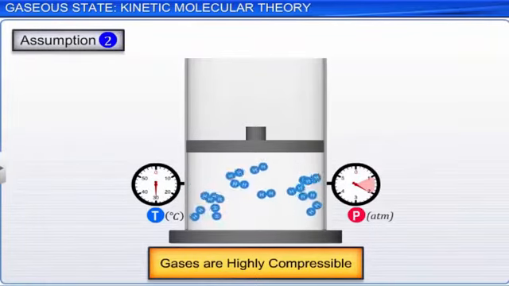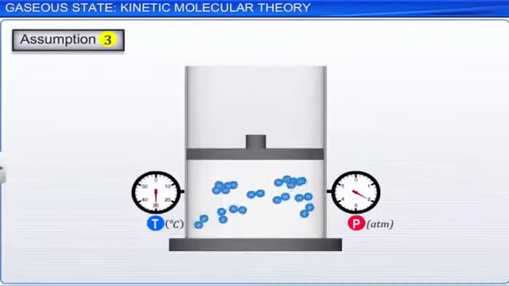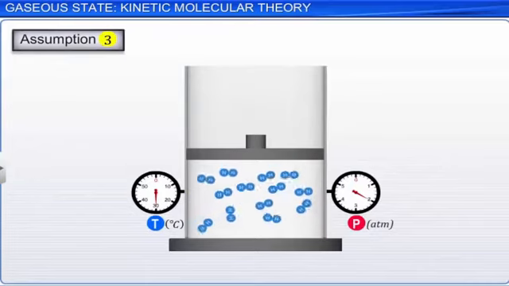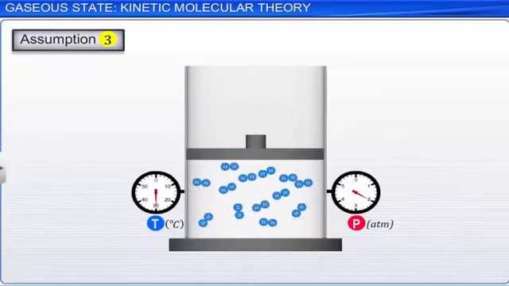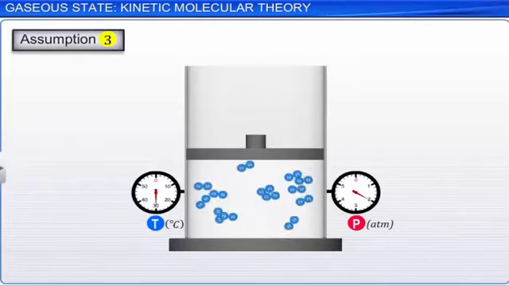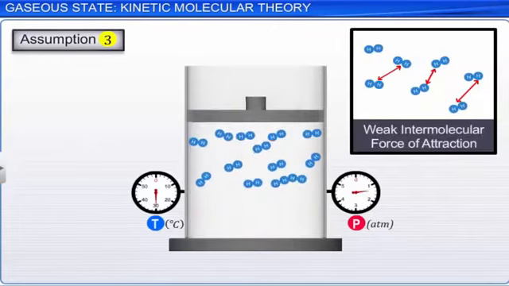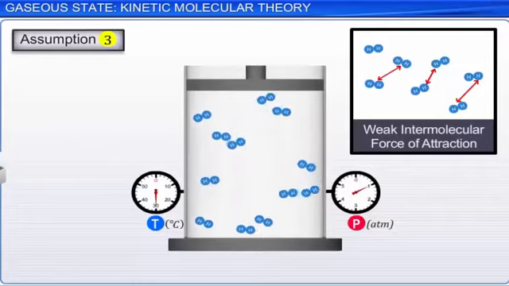Attractive and repulsive forces between the molecules of a gas are negligible as they are much away from each other. We can state that assumption 3 is true as gases expand and occupy the entire space available to them, showing the existence of weak intermolecular forces of attraction.